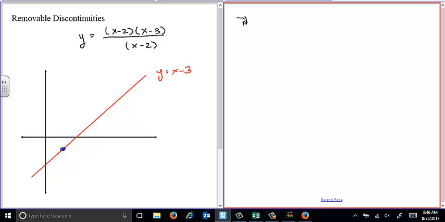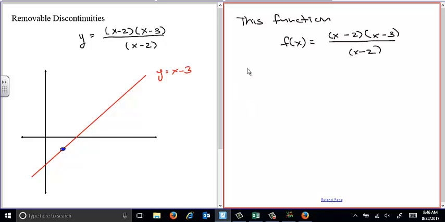We'll say this function, which I'll define here, f of x equals, and it's already in factored form, so you can see why it's discontinuous at x equals 2.